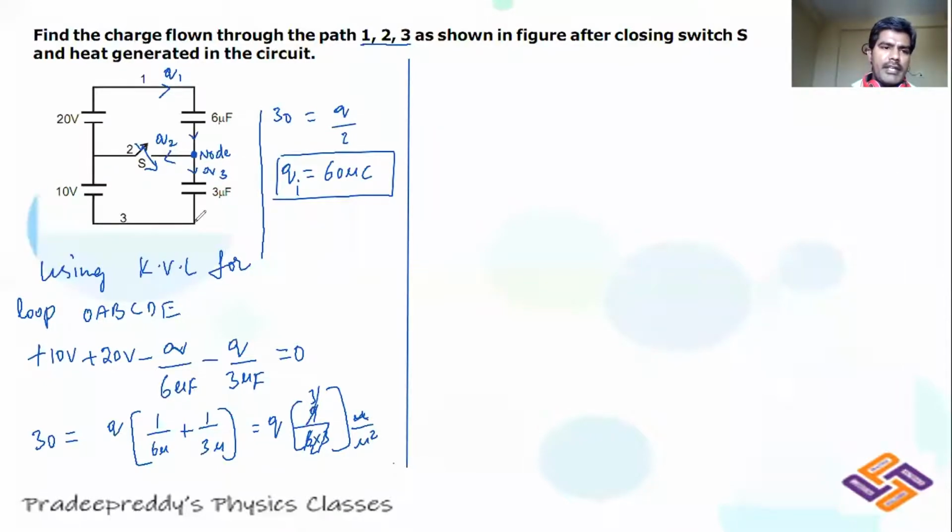Q3 charge comes over here, and finally the charge over this battery, which is transferring because of this 10 volt, is also Q3. Now in this path 2, Q2 amount of charge gets transferred, and finally towards this loop there will be Q1 amount of charge. This is how I have done the distribution of charge, right?